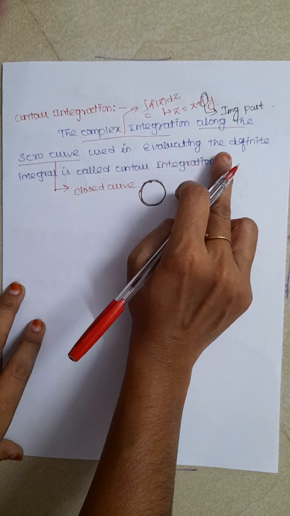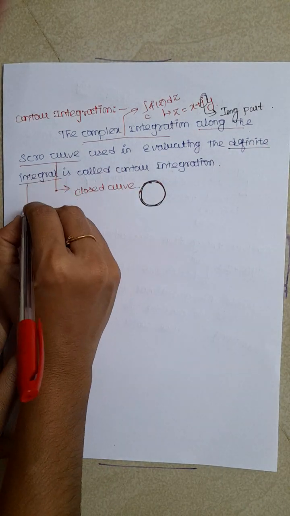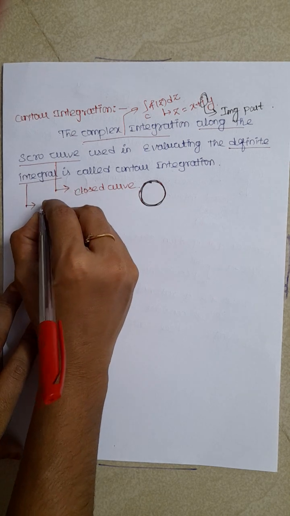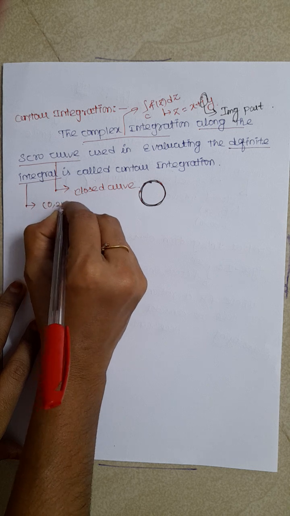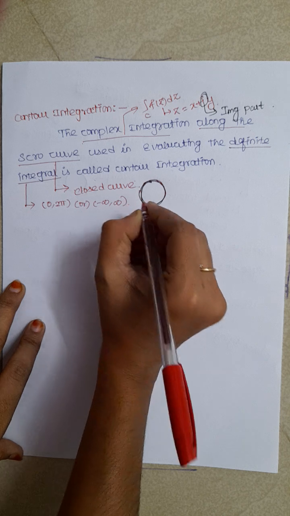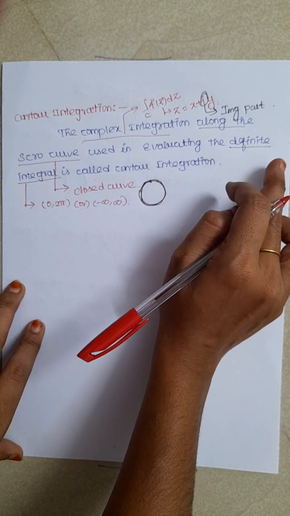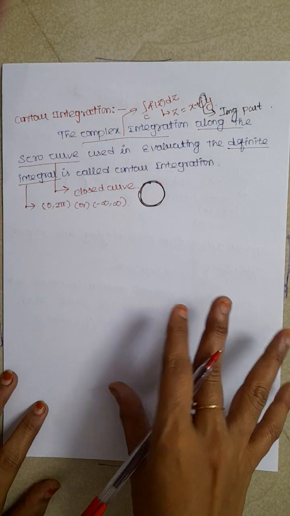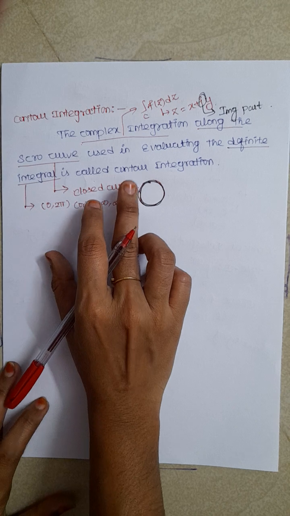Used in evaluating the definite integral. Definite integral means a completely closed interval. The interval is 0 to 2 pi, or minus infinity to plus infinity. So this satisfies three conditions, and it is called contour integration.